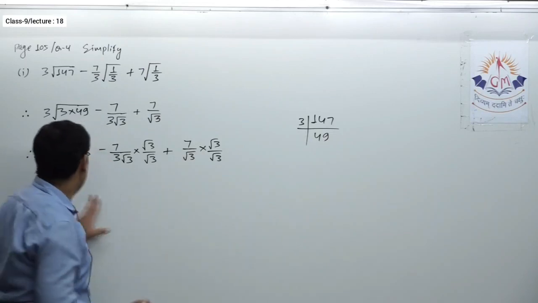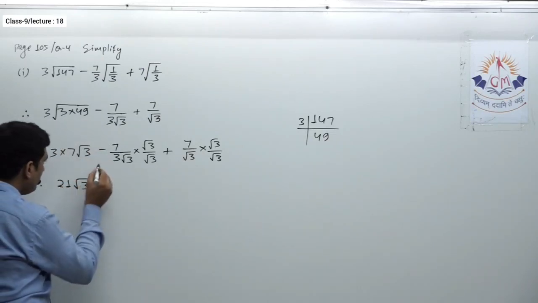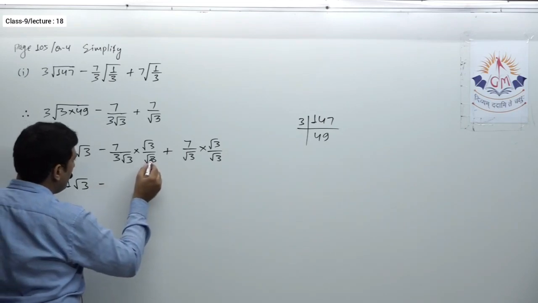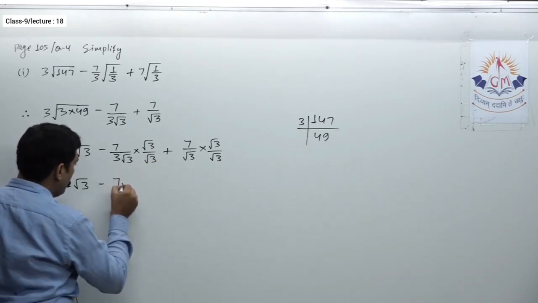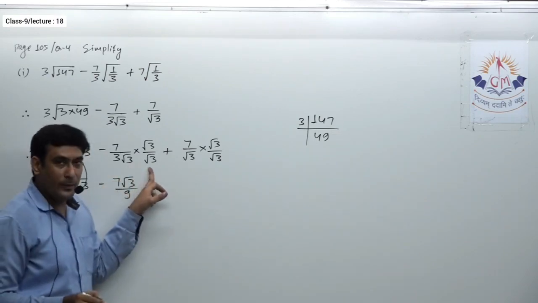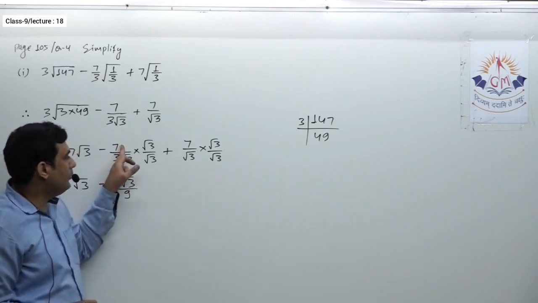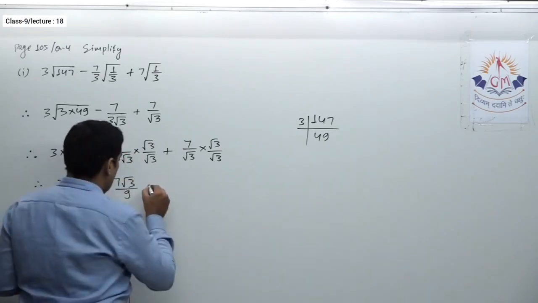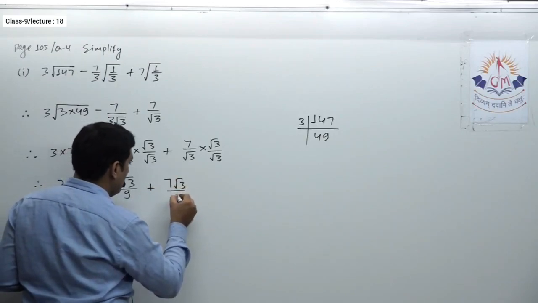Now this will become 21 root 3, and here, 3 root 3 into root 3 is 9, so I'll get 7 root 3 upon 9. And over here I get 7 root 3 upon 3.